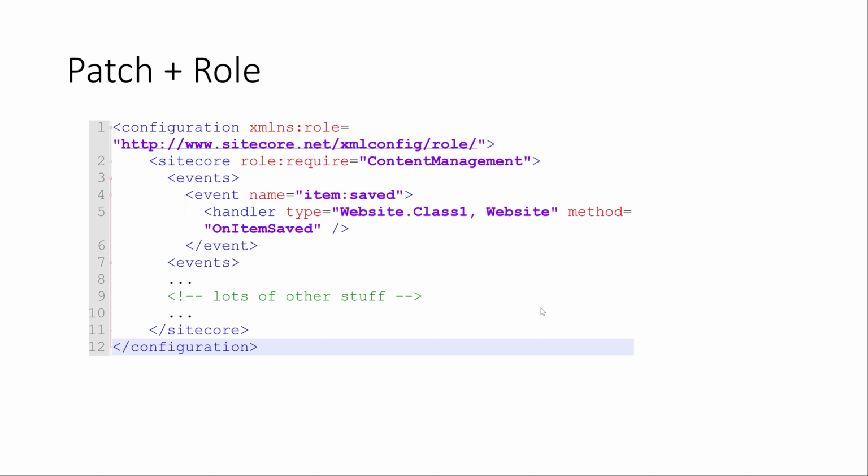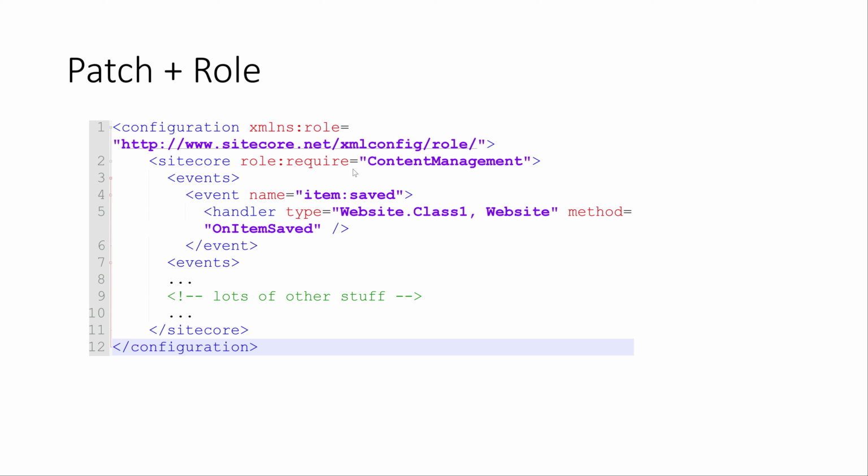In that scenario, we use this namespace, the XML role namespace, and we say role require content management. That means if you want to patch this, you only patch it to the content management server role. So this is very useful patching, patch plus role.